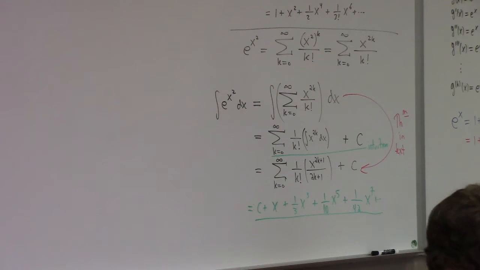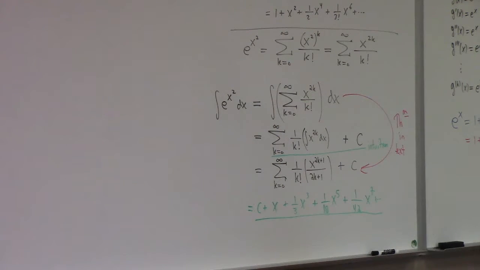What happens with the 1 over k factorial? It's right there. What do you mean what happened to it? Well, like in the next step. That's there.